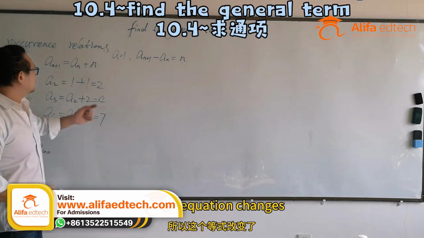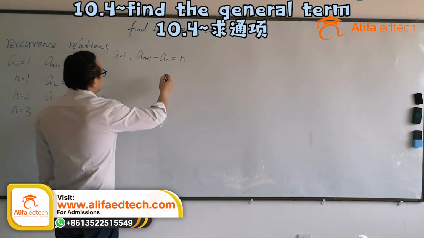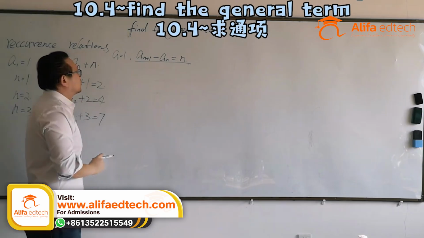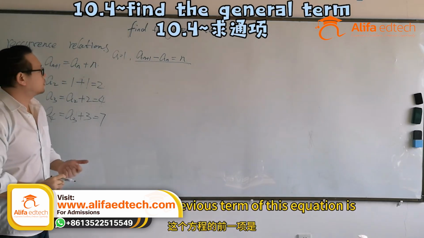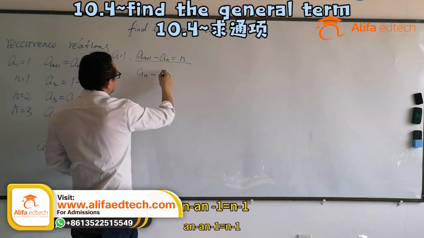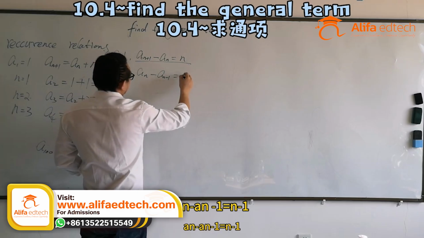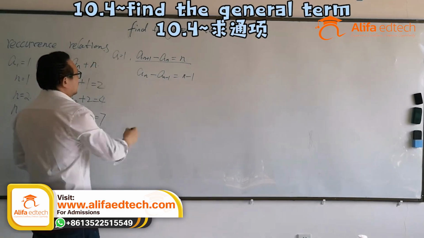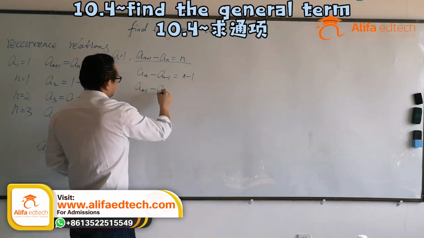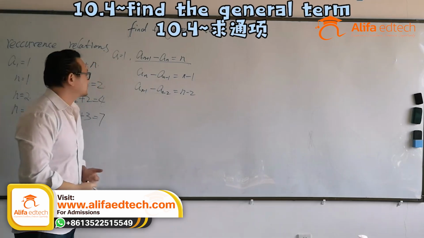So this equation changes, and then we know the previous term of this equation is a(n) minus a(n-1) equals n minus 1, and we also know this.